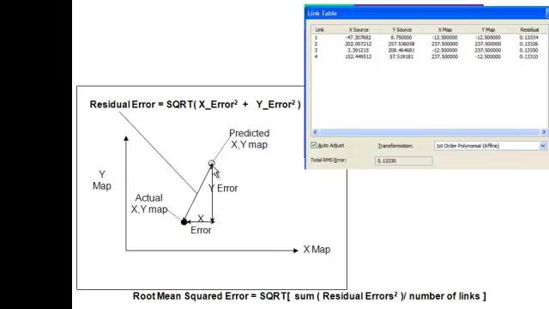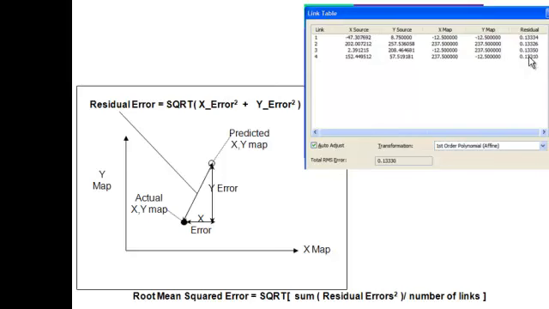The residual error for each link is the difference between the actual XY map location and the model or predicted XY map location, so it's that straight line distance. In this case, we've got 4 links and they all have a residual error of about 0.13.